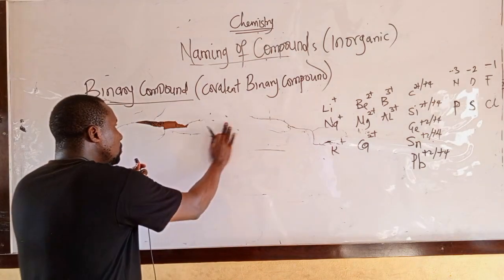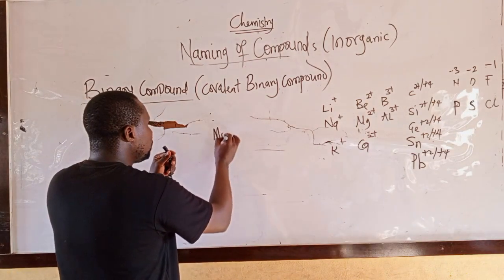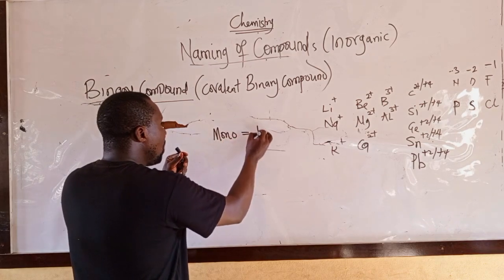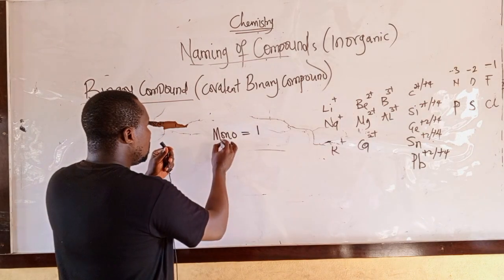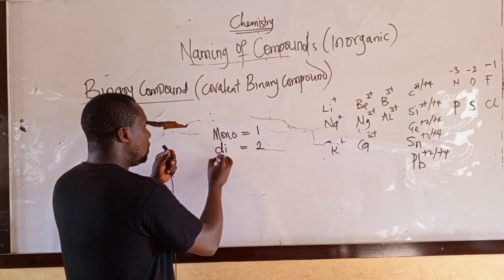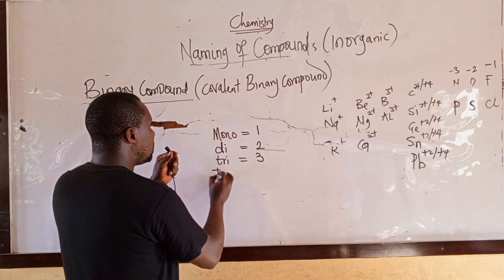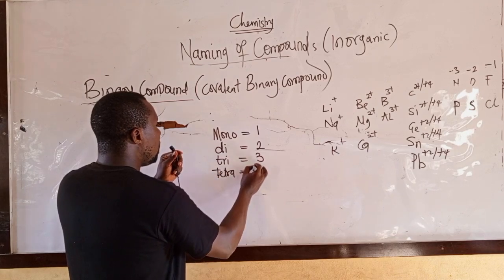Before I move into that, you have to know these prefixes. Mono means one. Di means two. Tri, three. Tetra, four.